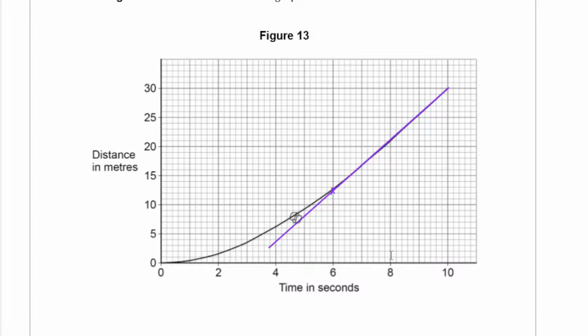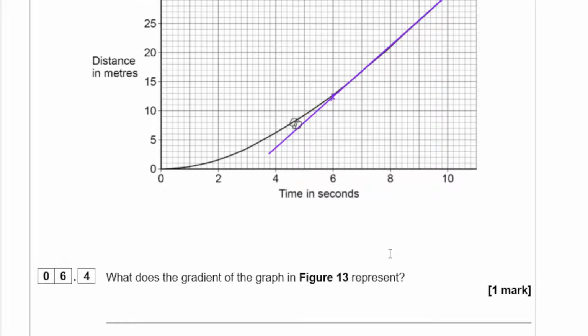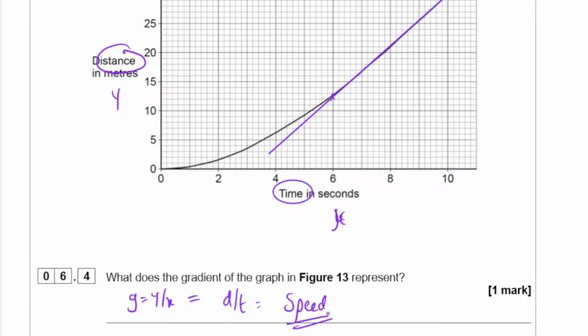What does the gradient of the graph in figure 13 represent? Now the gradient, remember in maths you're taught gradient equals y over x, right? Here this is the y-axis, that's the x-axis. Gradient is the distance and the time. So distance divided by the time is actually the speed. Speed is the answer.